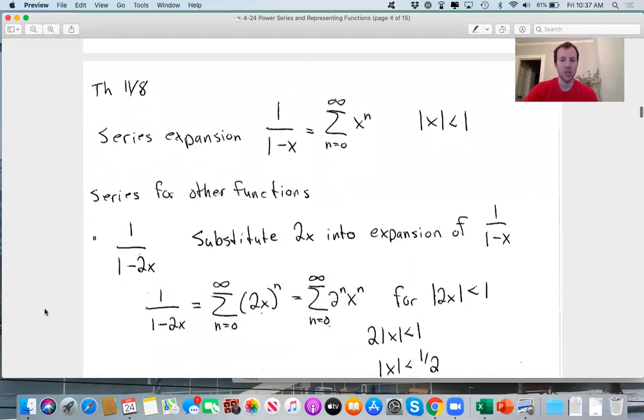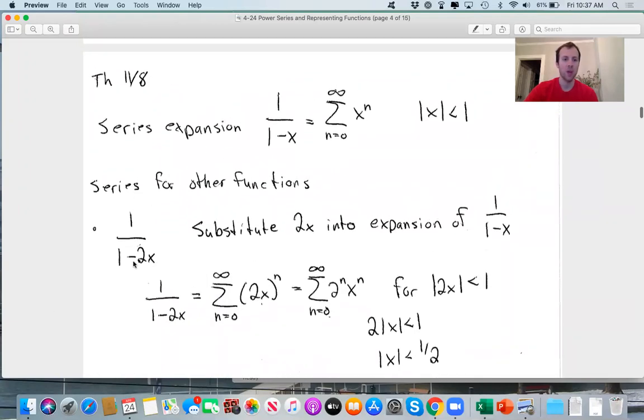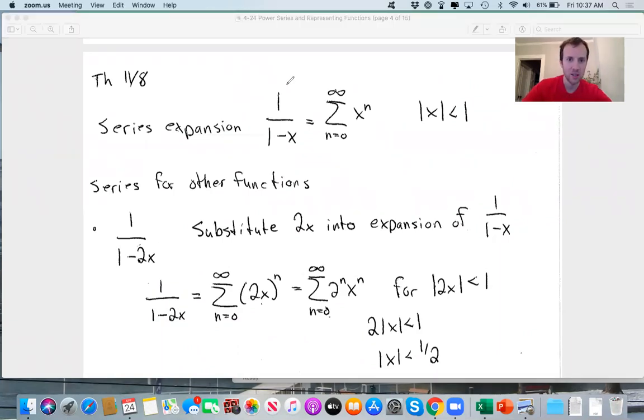But a question is, what if we have this function, 1 over 1 minus 2x? The way we can look at it is, this function is basically the same as this function, except that this has an x and this has a 2x.